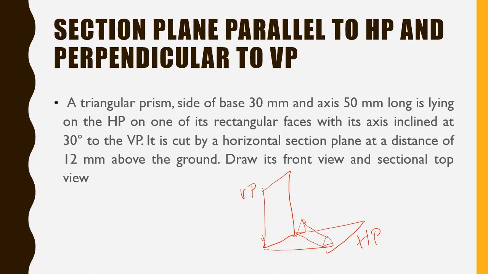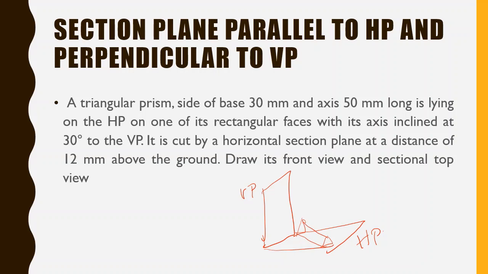It is cut by a horizontal section plane at a distance of 12 mm above the ground. So now you are introducing the 12 mm above the ground. You are introducing the horizontal plane. So the same horizontal plane is there, right?